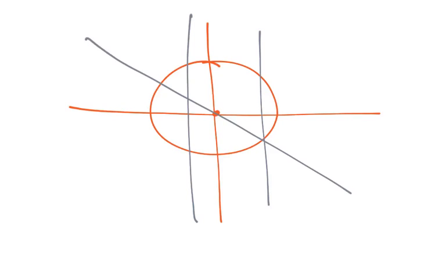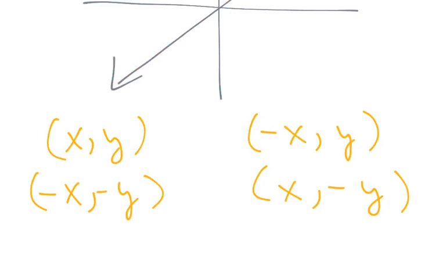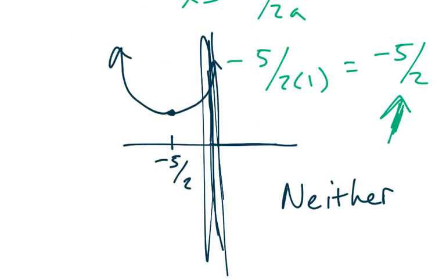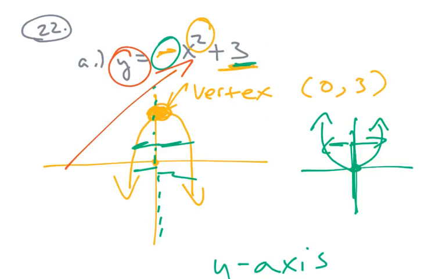No matter what you do, whether you go diagonally, or take a point at an x value and go up and down, or take a y value and go left and right, those are all still going to be symmetrical. So circles and hyperbolas are two examples of functions that are symmetrical with everything. So hopefully that makes sense, and I will see you in the next video.